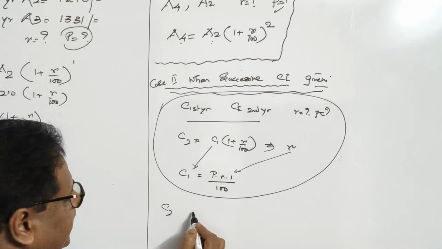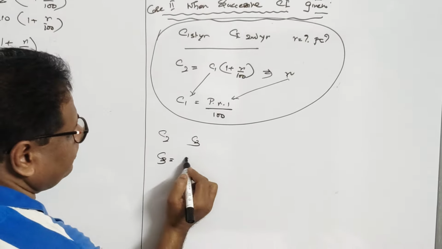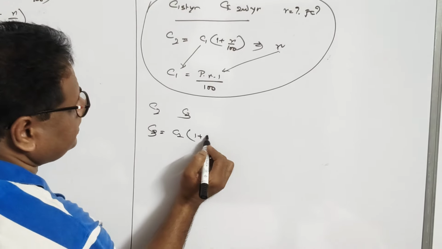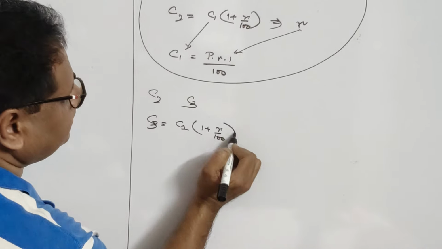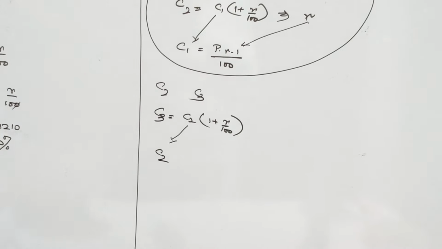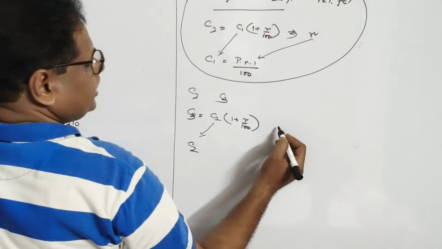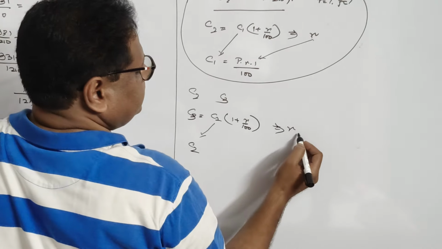Similarly, if you know CI for second year and third year, you can apply the formula C3 equals C2(1 + R/100). Okay, and after that you can use the formula for CI for second year. Now how to use CI for second year? Okay, this expression will give you the rate of interest.